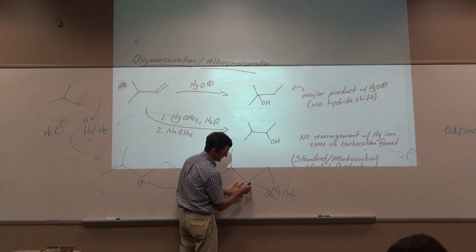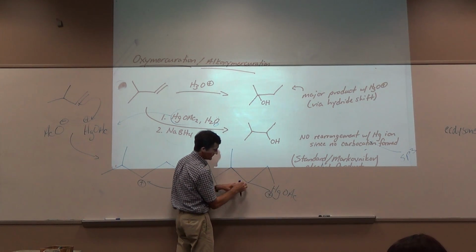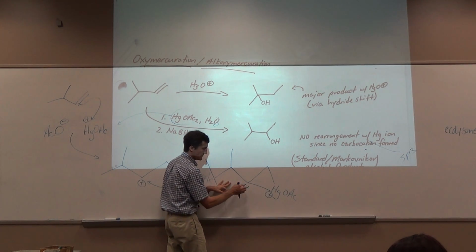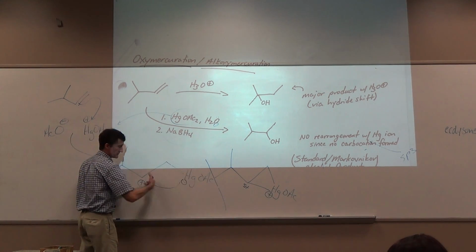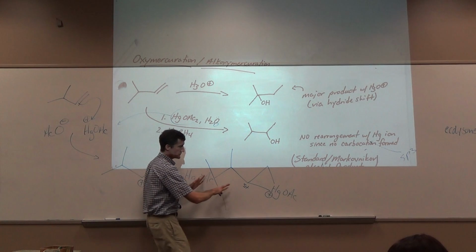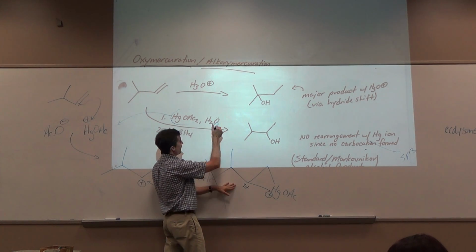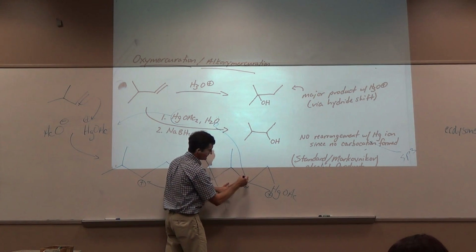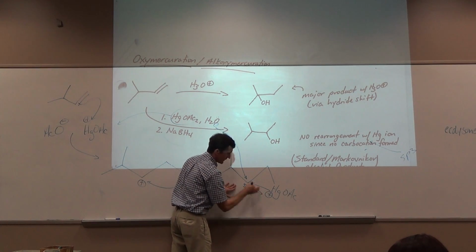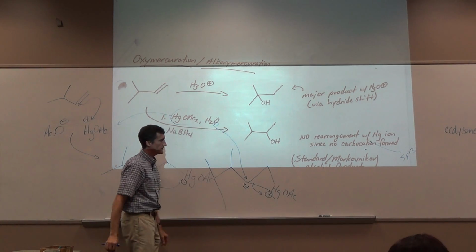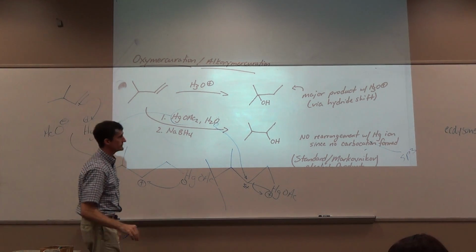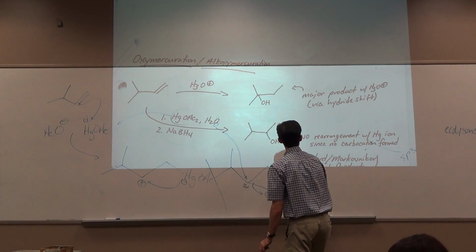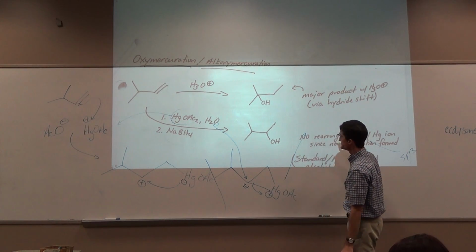This bond's going to be elongated more because this can take on more partial plus. But it's not a free cation. See, there's some back bonding here, so we have to show it like this. And this water comes in and attacks here and kicks these electrons off. So here you go, mercury, take them. We know you didn't want to bond anyway. Take those electrons, what does that give? Hopefully you've got some room. I'm going to move up here so we can see.